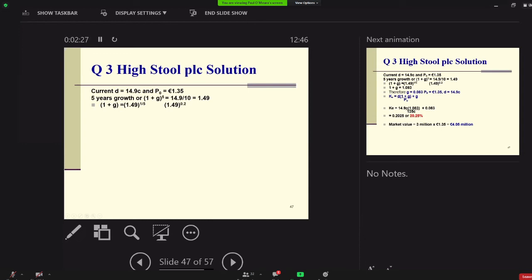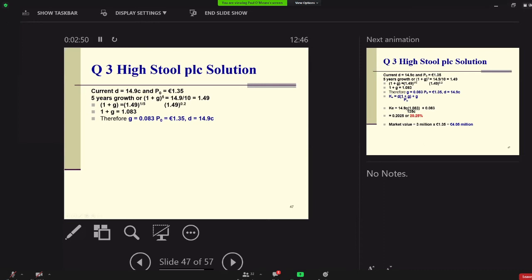The answer it will generate is about 1.083, approximately. So you end up with 1.083, a little bit above 8% growth. So if I take the 1 on the left and the 1 on the right away, you get your g there, which is 0.083. I now have all I need. I have the growth at about 8%.